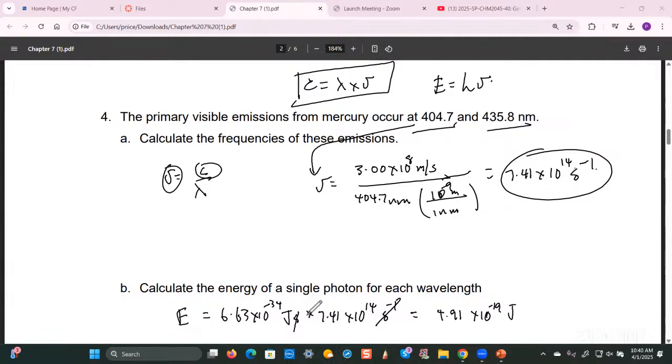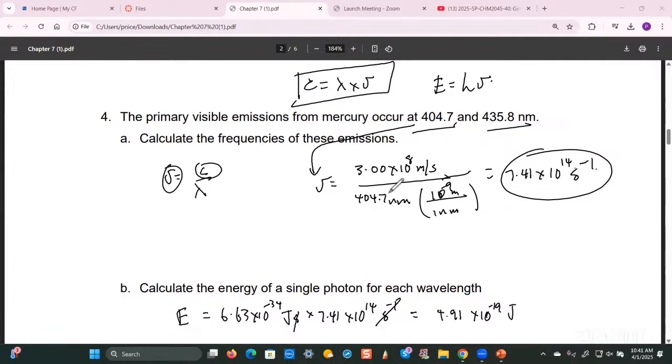Okay, any questions about this one? And again, you do the same thing for the other wavelength as well. Any questions about the B part, what I just did? Oh, yes, you mean for the frequency for the other wavelength, yes.